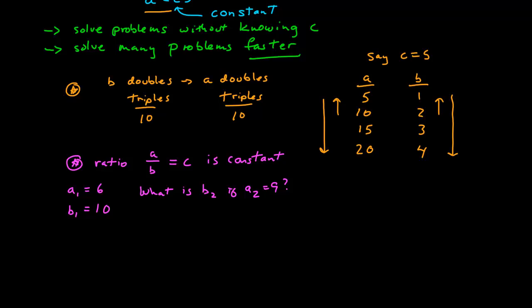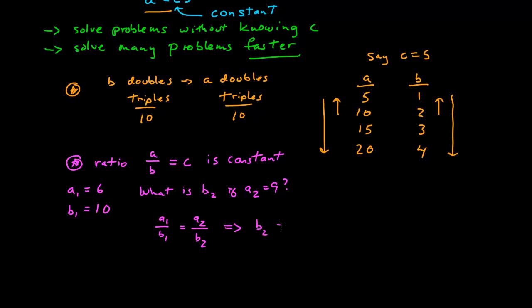Now, instead of trying to use this to solve for C and set up two equations and substitute, we can use this proportional reasoning in this ratio to find it directly. We know that A1 over B1 is equal to A2 over B2.